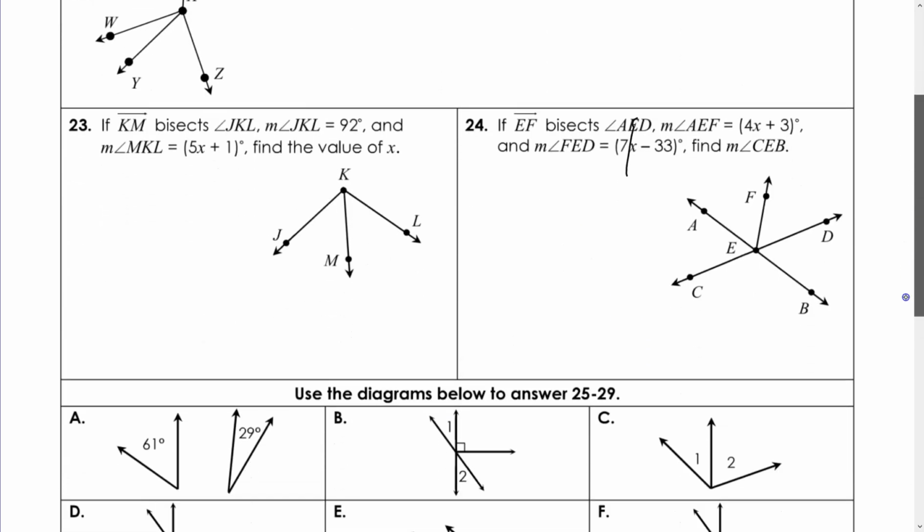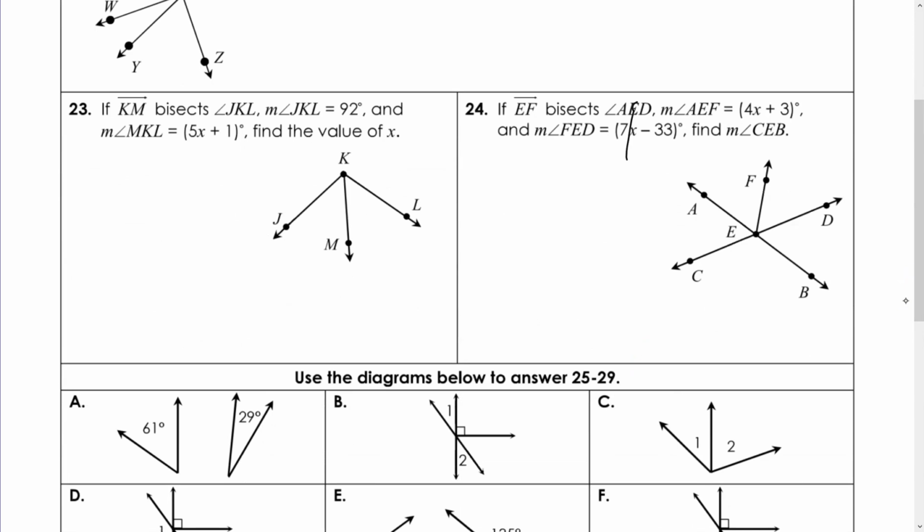23. If KM bisects angle JKL, the measurement of angle JKL is 92. So this whole angle is 92 degrees. And the measurement of MKL is 5x plus 1 degrees. Find the value of x.